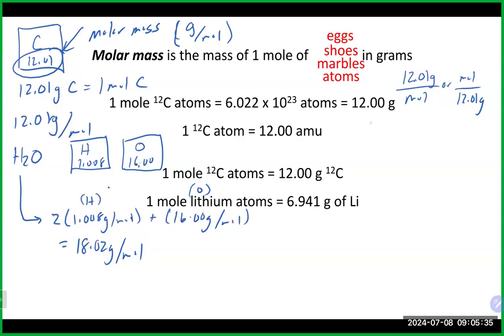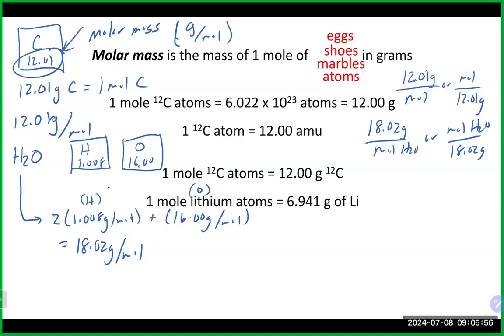Once again, we could also use that as a conversion factor, 18.02 grams per mole of water, or a mole of water is 18.02 grams. We're not going to use all those conversion factors. Obviously, we're just going to use whichever one we need, which are opposites of each other.